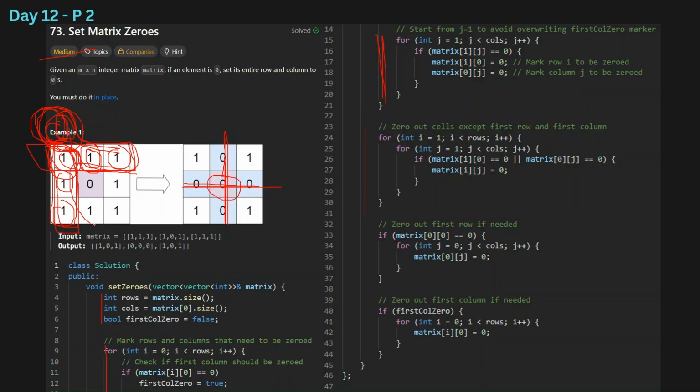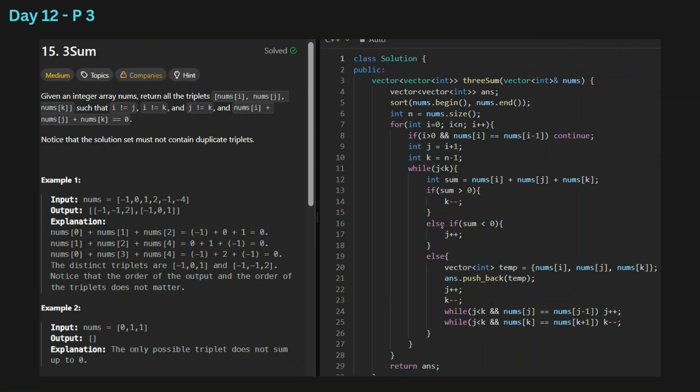So we have to zero this, right? And then we have to zero out the first row if necessary, and then we have to zero out the first column if necessary. So the flow goes like, first we have to make these elements 0 if necessary, then we have to make the row 0 and then the column. It was a pretty tricky question.